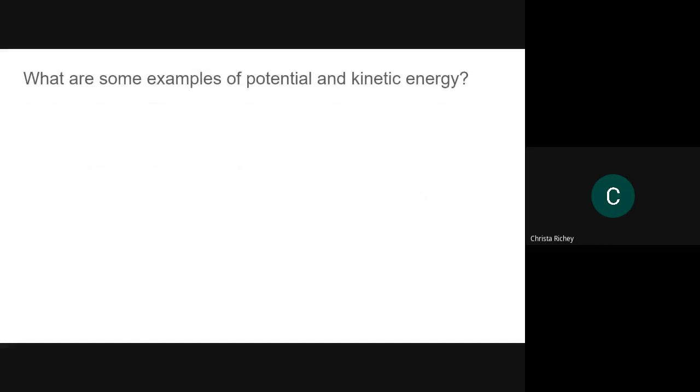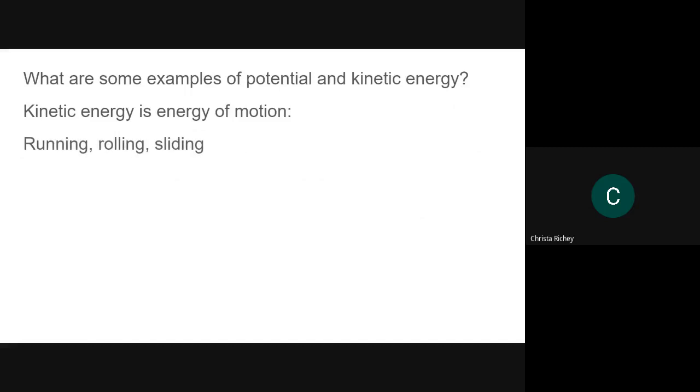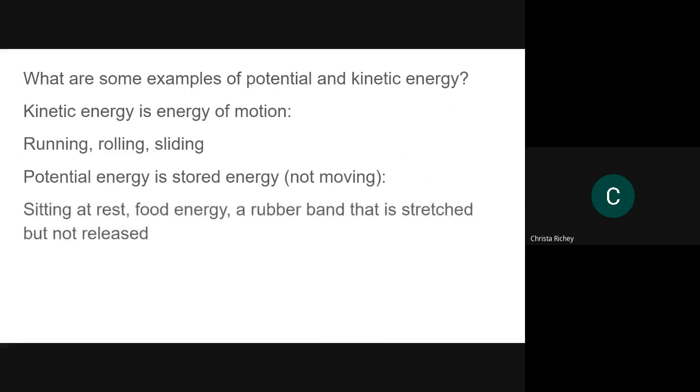All right, you should know the difference between kinetic and potential energy. If it's moving, it's kinetic. It could be rolling, could be sliding, but it is moving. Whereas potential energy is not moving. It's stored. So the object is at rest.